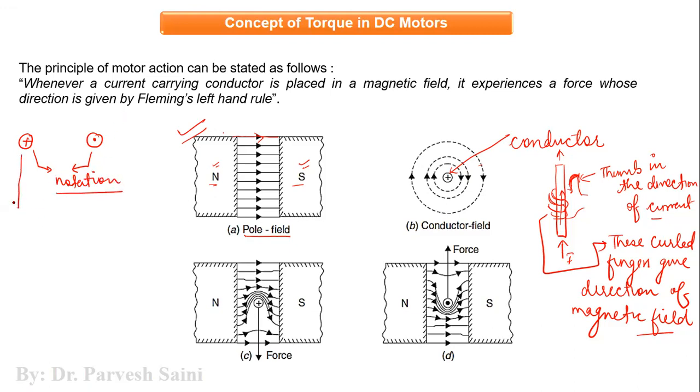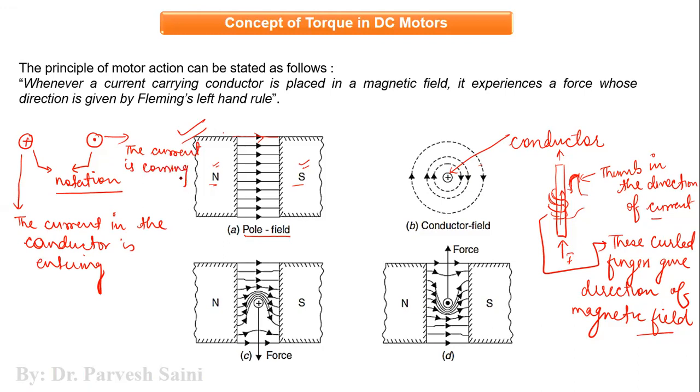The cross indicates that the current in the conductor is entering, and the dot indicates that the current is coming out of the conductor, right?